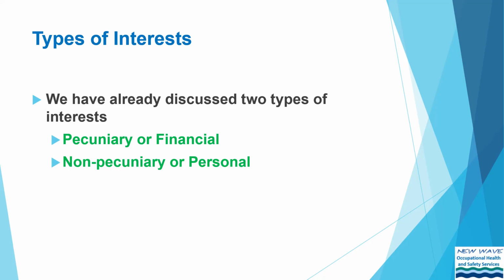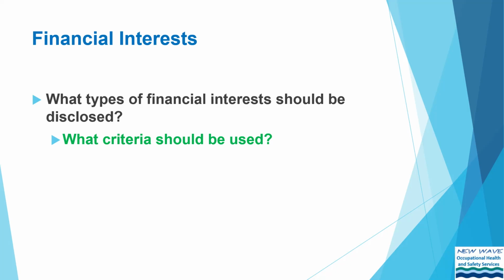We've already discussed two types of interests: pecuniary or financial, and non-pecuniary or personal. Talk about financial interests. What types of interests should be disclosed? What criteria should you use?